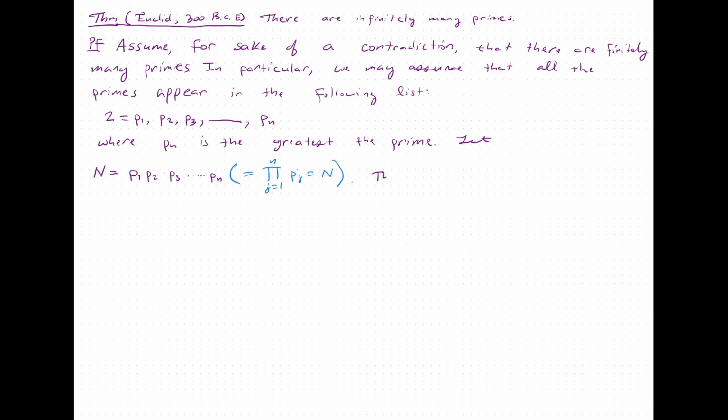Then P sub n is strictly less than N plus 1, because P sub n, the largest prime, is a factor of capital N, and therefore P sub n has to be strictly less than capital N. And so it also is strictly less than N plus 1.